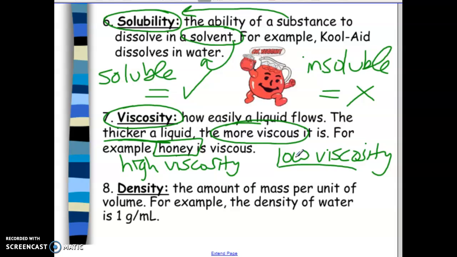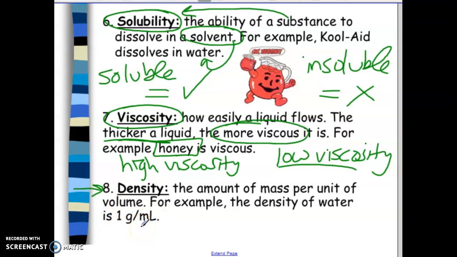All right. Now, density was that other measurable physical property that I was referring to earlier on. So density is referring to essentially a comparative ratio between the mass of a substance and the volume that it takes up.